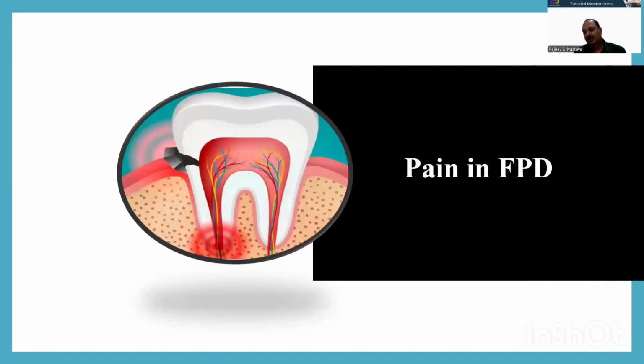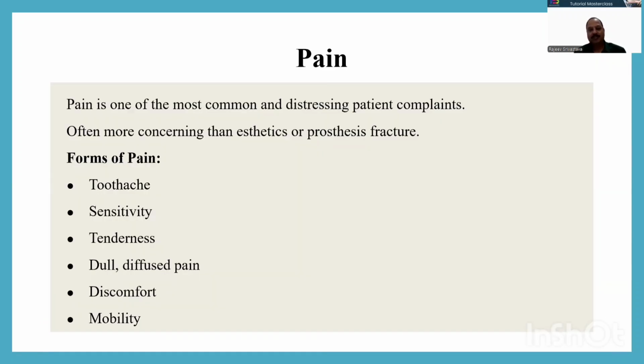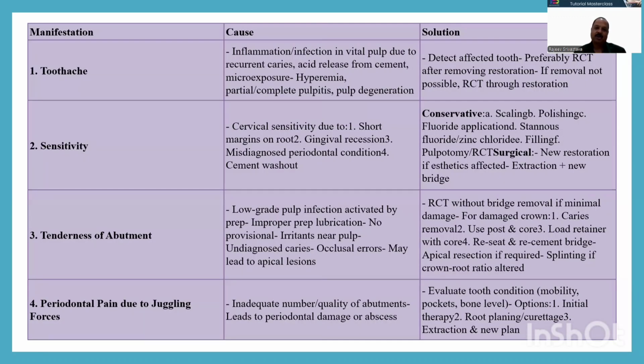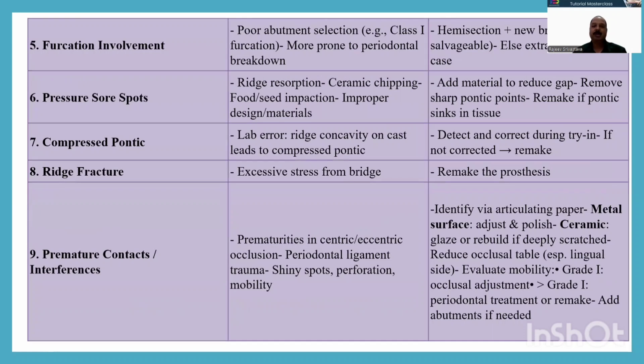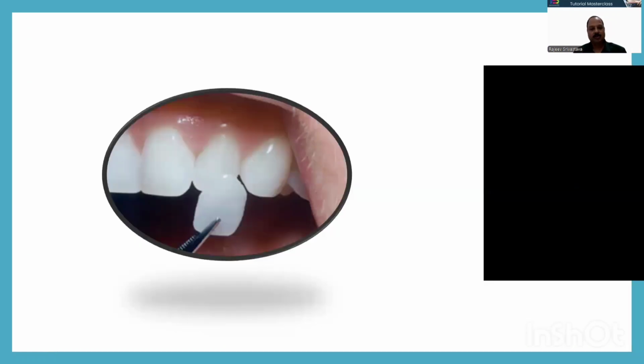Pain in FPD is again more common. These are the different forms which you have to identify. Already discussed, I have given it in chart form because if sometimes the question comes, you can mention this in short notes. That's the reason I mentioned it.